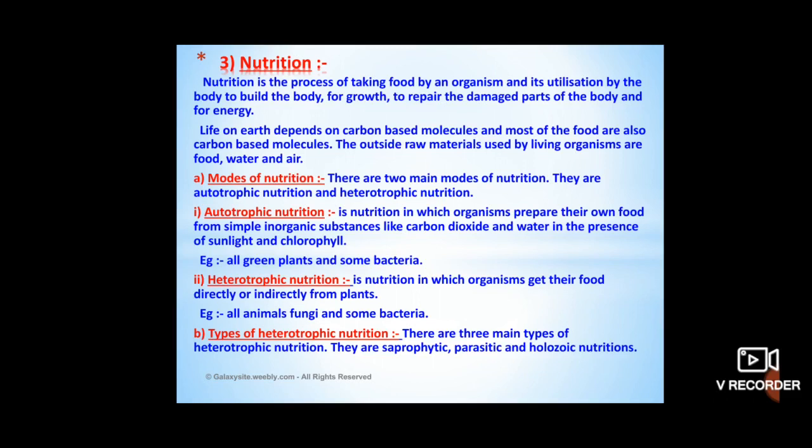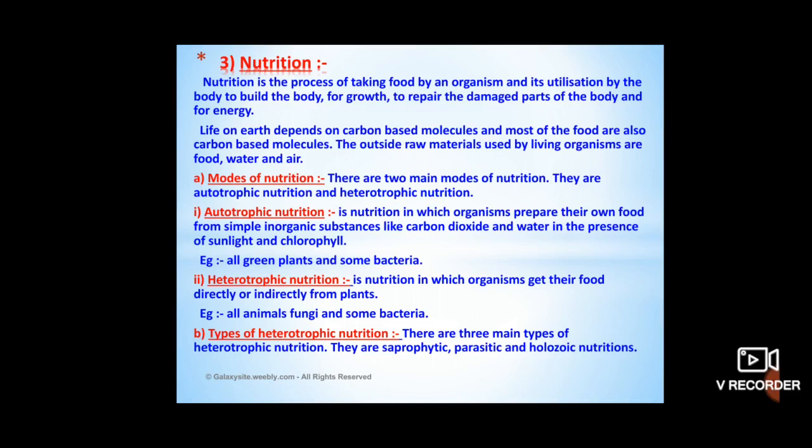The next type of nutrition is heterotrophic nutrition. Heterotrophic nutrition is nothing but organisms which do not have the capacity to prepare their own food. They depend directly or indirectly on plants for their food.